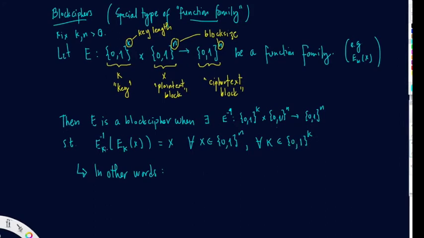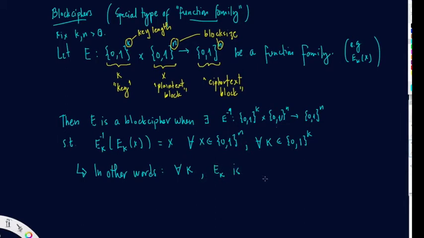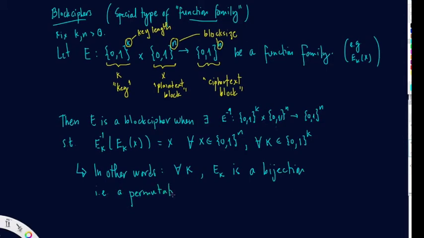This inverse has to be computable for every x and for every k, which means, in other words, for all k, the mapping E sub k is a bijection or a permutation over n-bit strings.